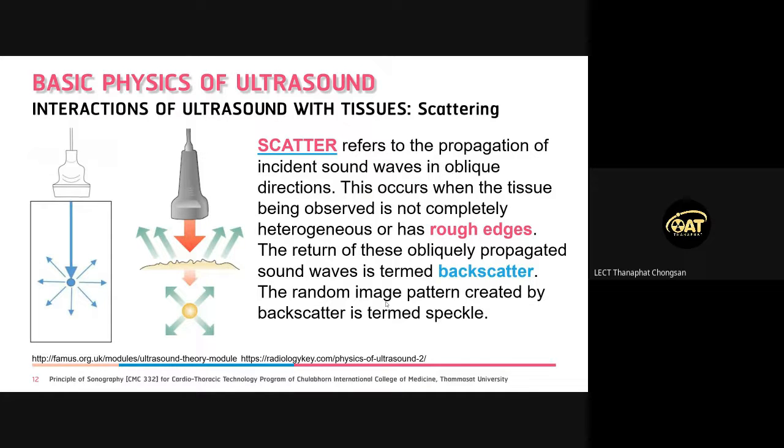Scattering happens when a sound wave hits a heterogeneous surface, a rough surface, ผิวขรุขระ, and the sound wave will travel in random directions. We cannot predict the direction in the scattering phenomenon, and it creates sparkle on the ultrasound image.